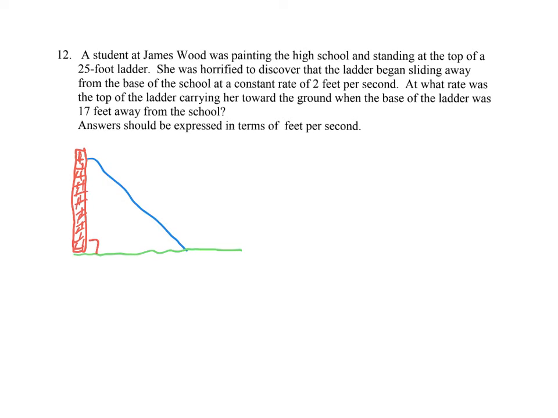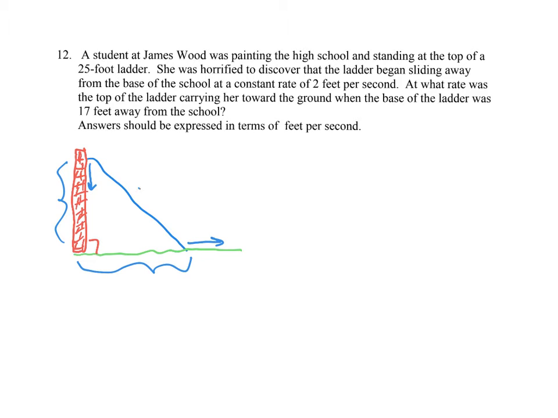So what happens is she freaks out because the ladder starts sliding. The bottom of the ladder starts moving away from the building in this direction. And that means, because that ladder is fixed, that the top starts coming down. So this distance is changing, and so is this distance. The ladder itself is 25 feet, and that's constant.